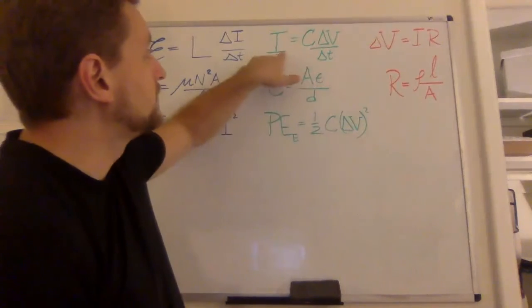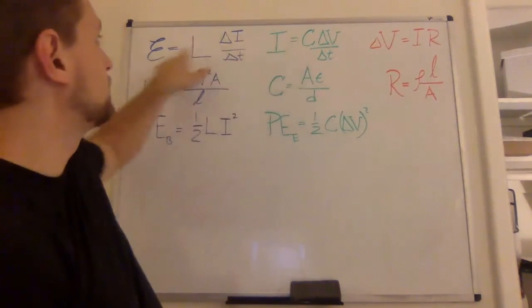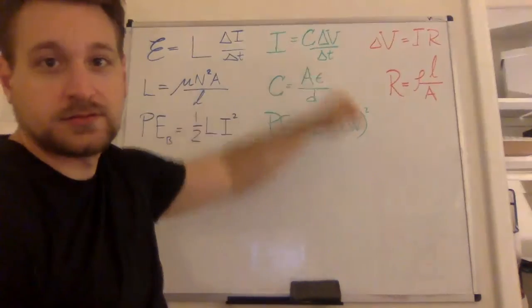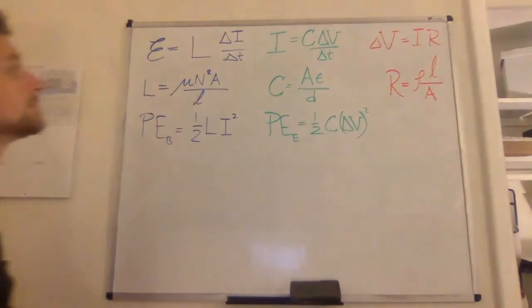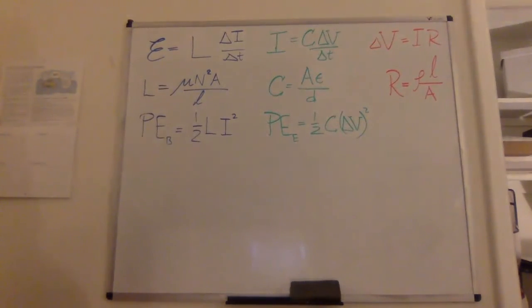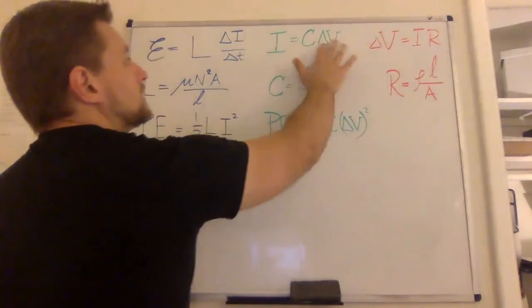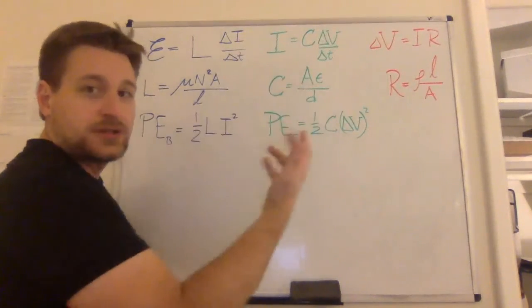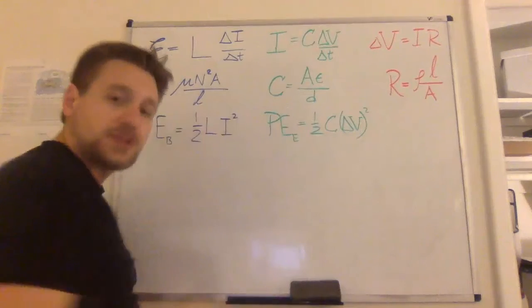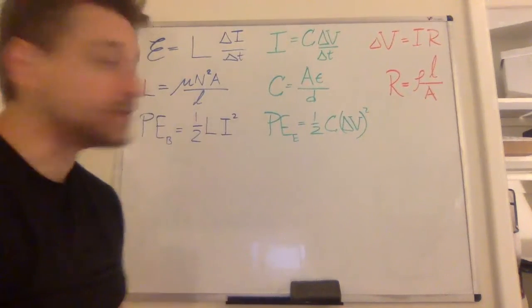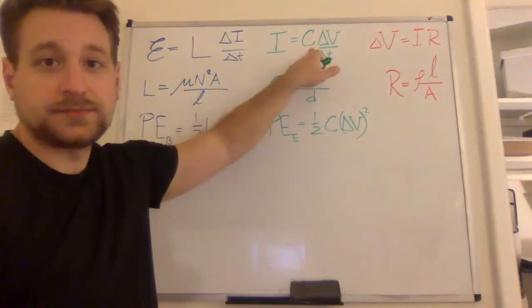So it's a really similar equation. Instead of asking about the rate of change of current, now we're asking about the rate of change of the potential difference across the capacitor, relating it to the capacitor.